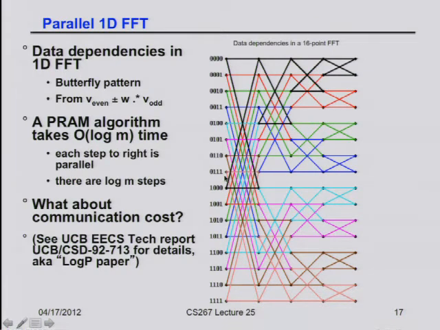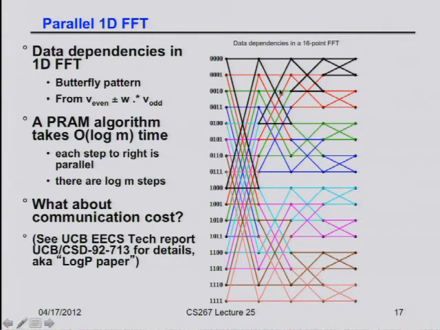Because that's the dependency pattern that gets repeated over and over again. So 0 gets combined with 8 for that little butterfly. The next red-colored butterfly is 1 and 9. The next green butterfly is 2 and 10. And so at this first level, where everything differs by 8, I get these butterflies whose wingspan is 8.